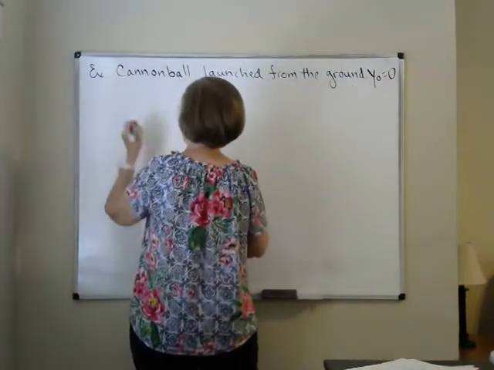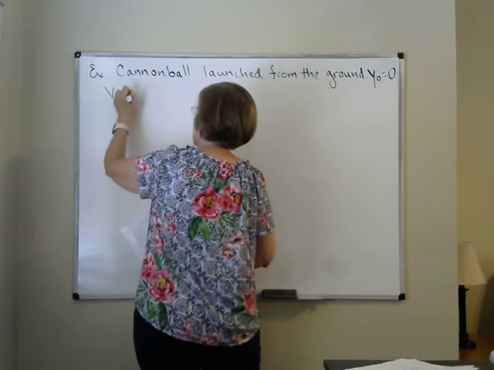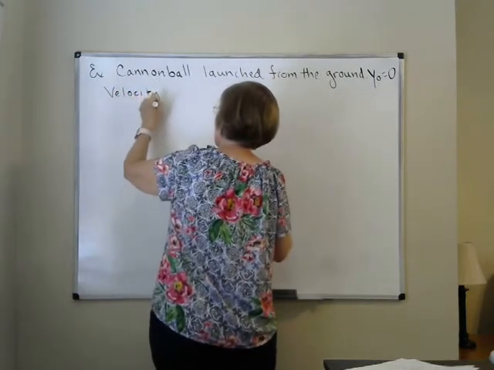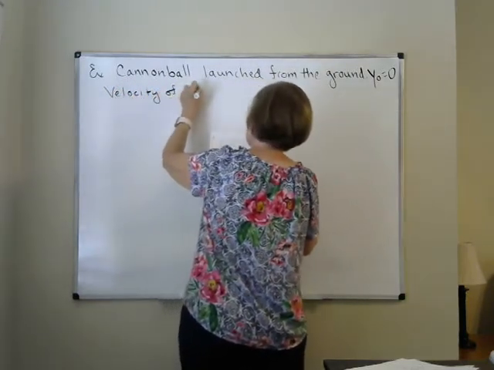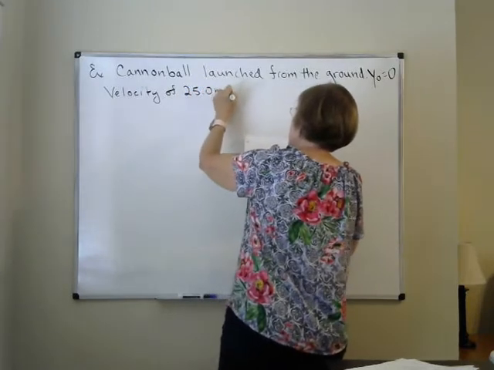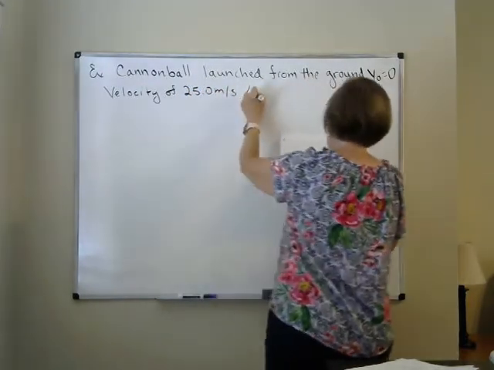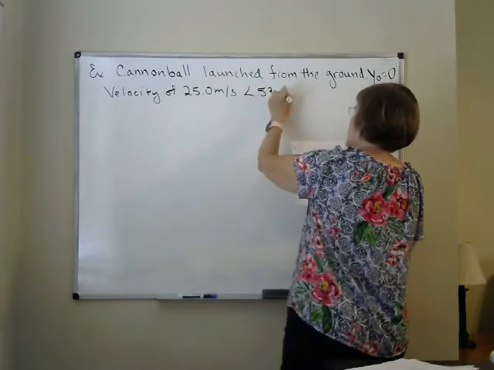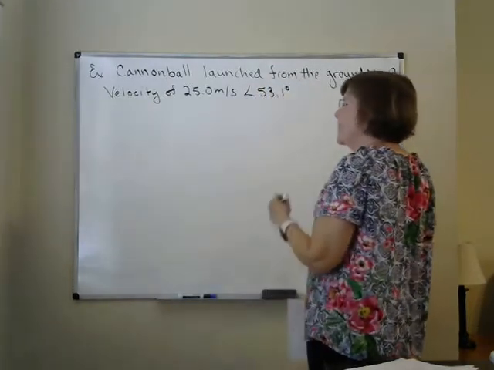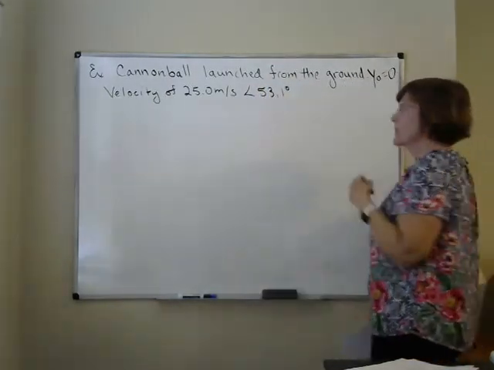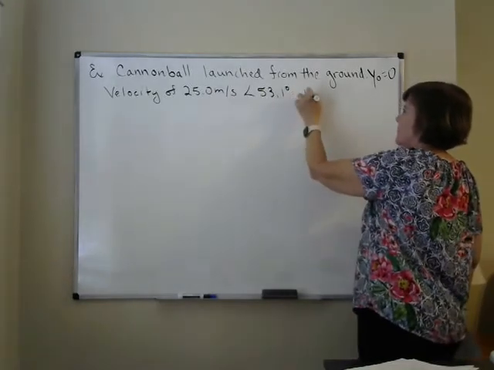It's launched with a velocity of 25.0 meters per second at an angle of 53.1 degrees. We measure from horizontal, so you can think of this as being above horizontal.